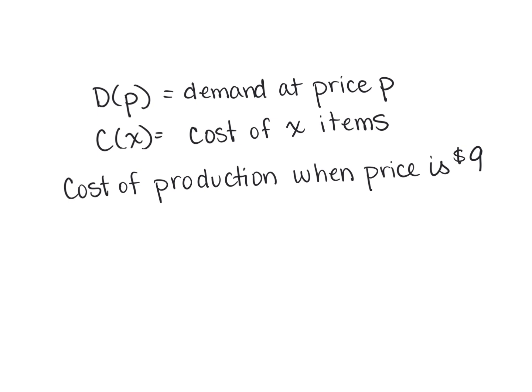All right, so this has a price of $9. So that would have to go into there. So that would be the demand at $9. And then it wants to know about the cost. I think it's multiple choice, so that would be the one that you would choose.